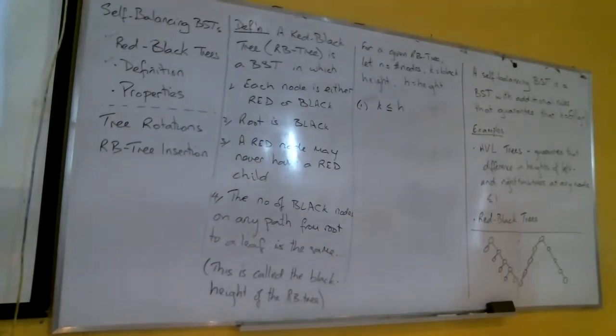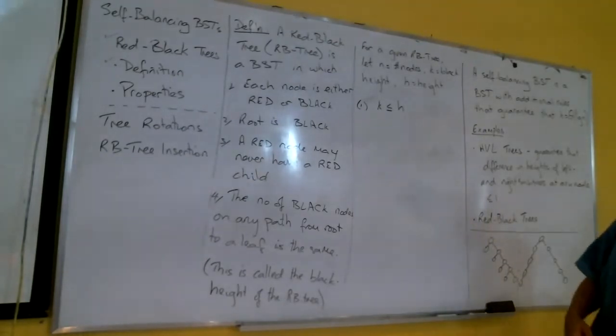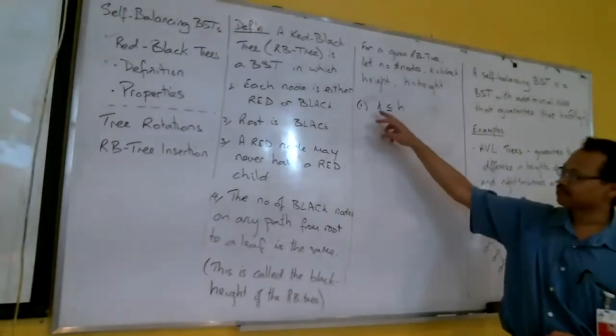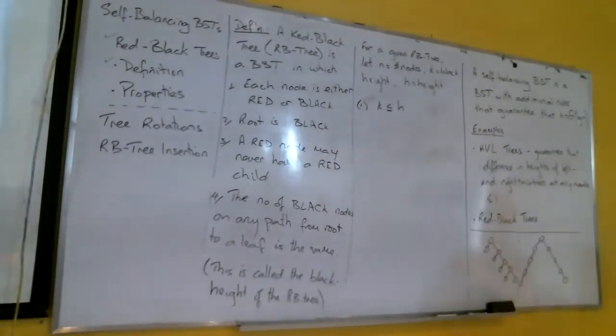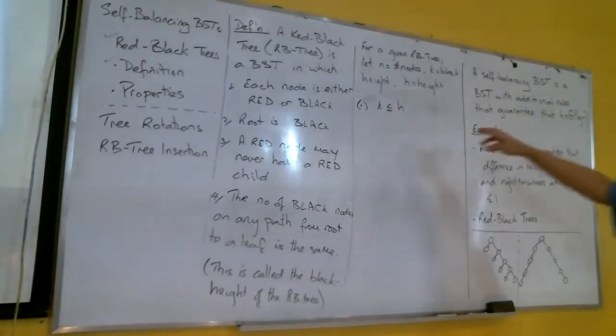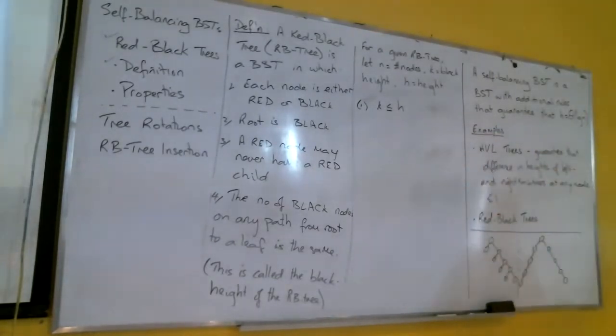And therefore, if you know what the black height is, which is k, then that means I already have k black nodes laid out. And if I'm trying to maximize that path length, I'm going to stuff as many red nodes as I can, but I can't stick two consecutive red nodes in that path. So the best I could do to maximize that length, which is what I'm trying to do, trying to get the upper bound on h, I would have to stick a red node in between, basically after each black.